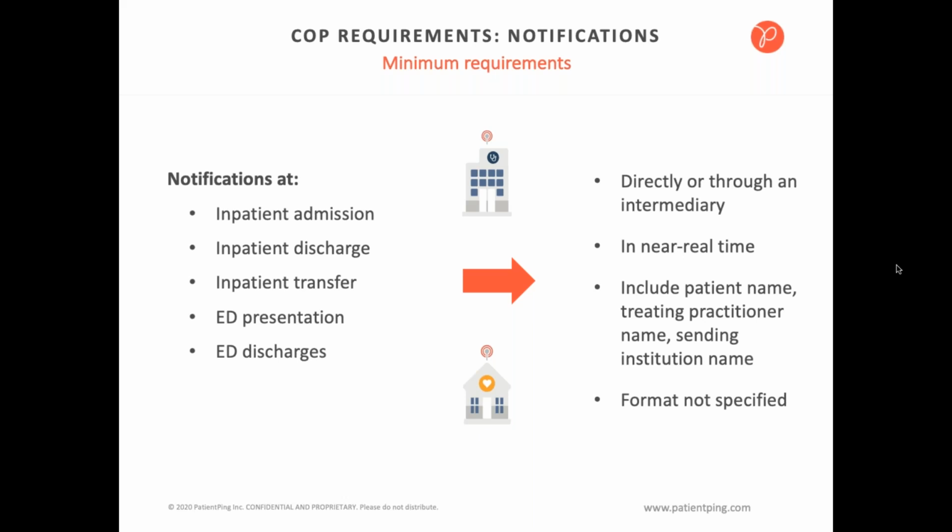And finally, there is no specified format of how notifications need to be delivered. So again, takeaway here about the notifications themselves is that they must be sent in real time at the point of inpatient admission, discharge, and transfer, and at the ED presentation and discharge, and can be sent by the hospital directly or by an intermediary.